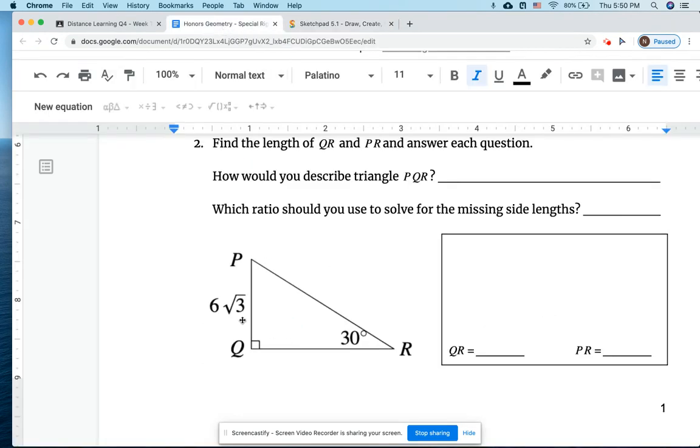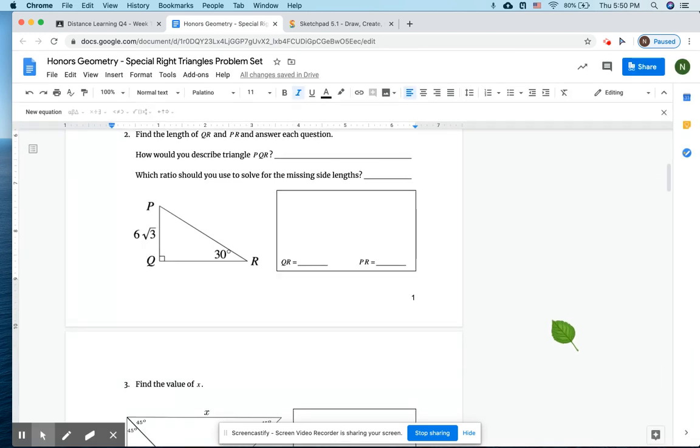And then when we multiply 6 root 3 by 2, we get the hypotenuse length. 6 root 3 multiplied by 2 is 12 root 3. So in your work, show how you find QR and PR by applying the 1 to root 3 to 2 ratio.